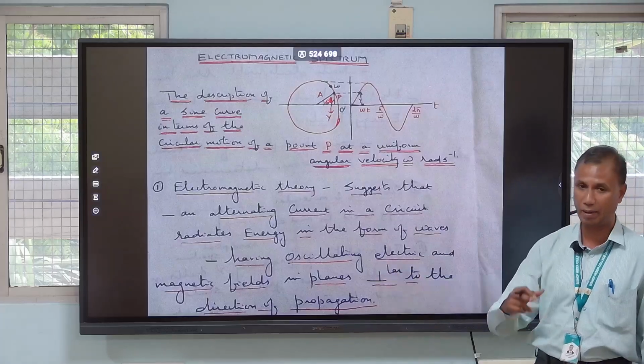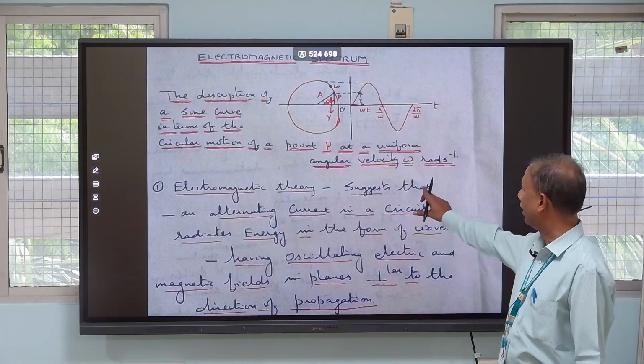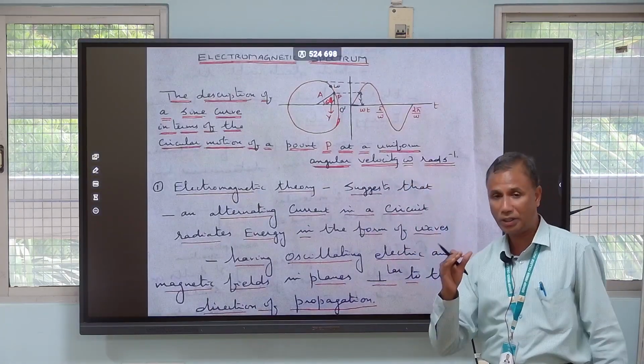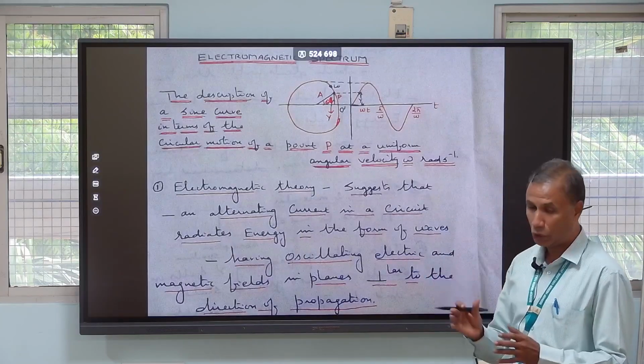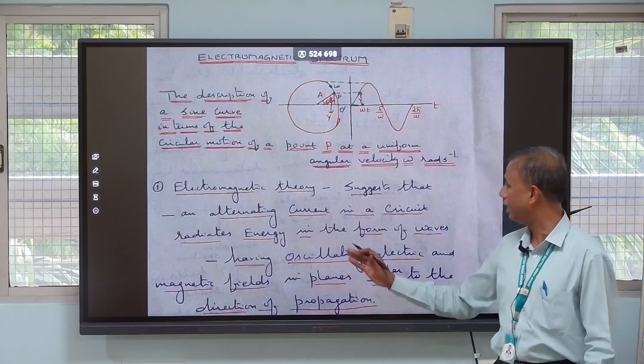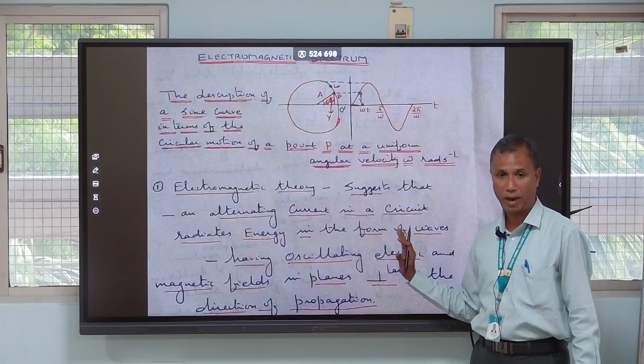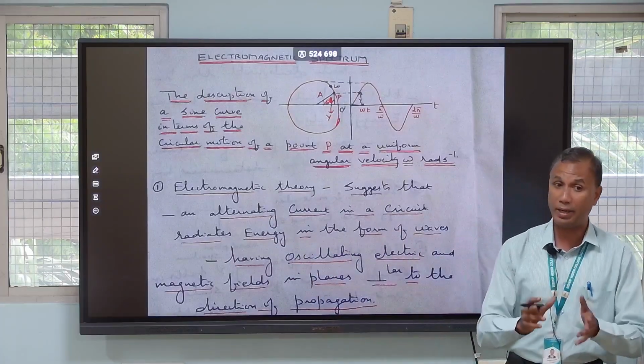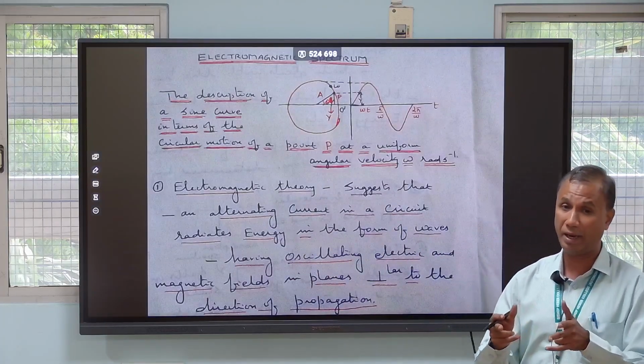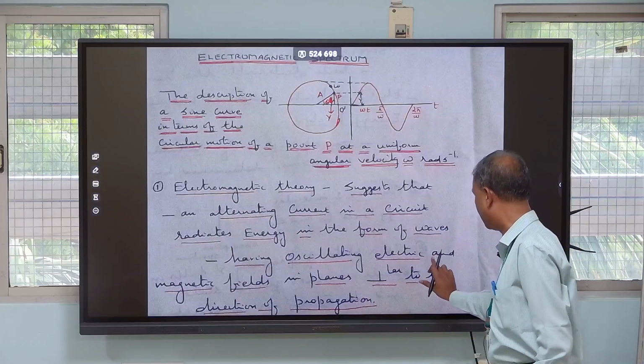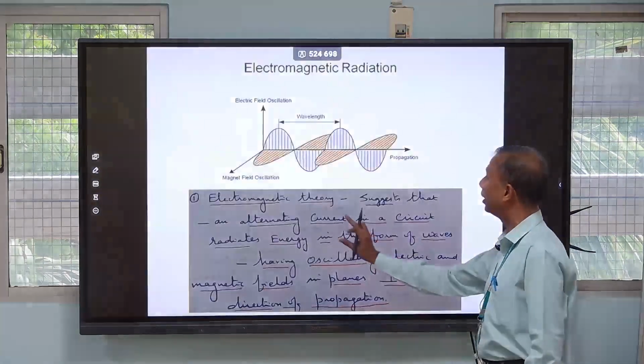Once again I repeat, this theory suggests that an alternating current in a circuit radiates energy in the form of waves having oscillating electric and magnetic fields, perpendicular to each other and to the direction of propagation.